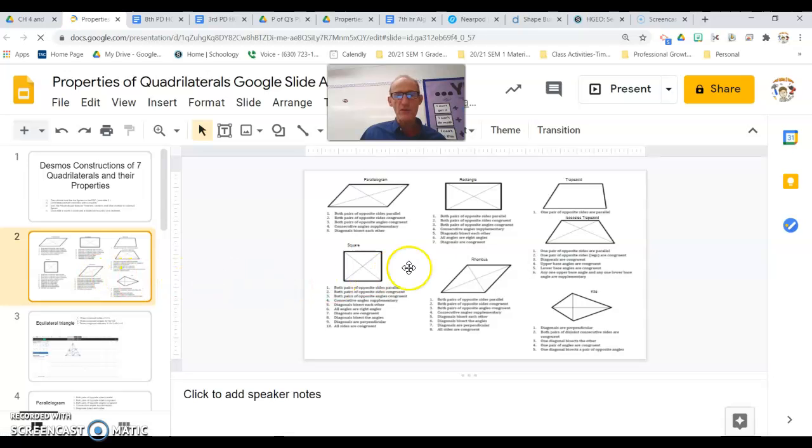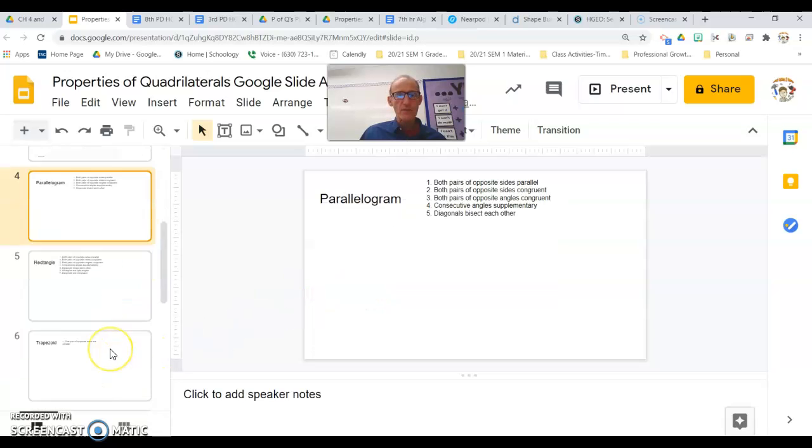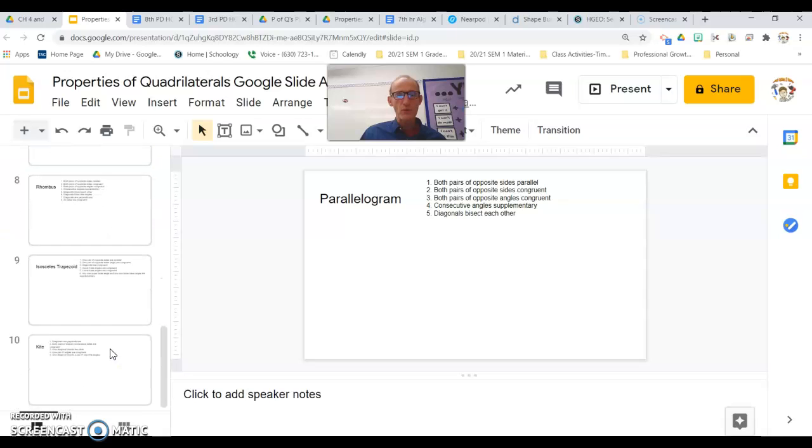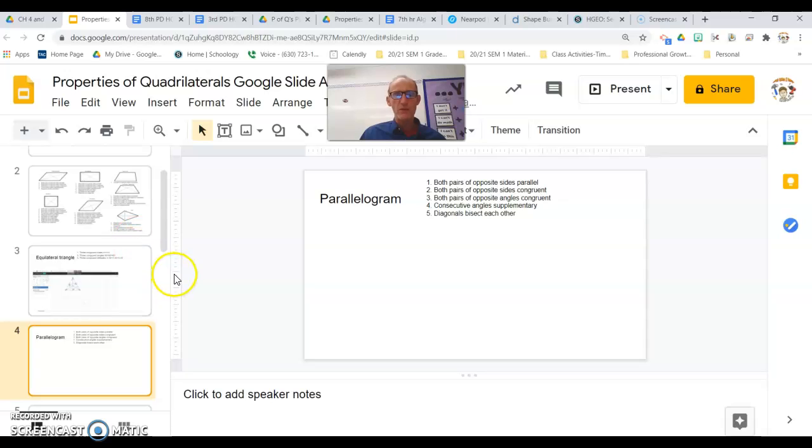The properties of the quadrilaterals are on this slide. There is an example here of what I want done, and then you have to put your construction in the rest of the slides. Now that's not what I'm going to be talking about today. What I am going to be talking about is how to use them.